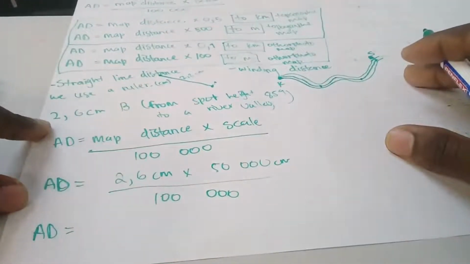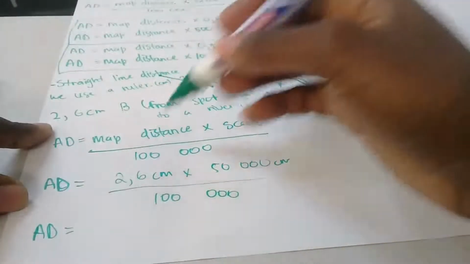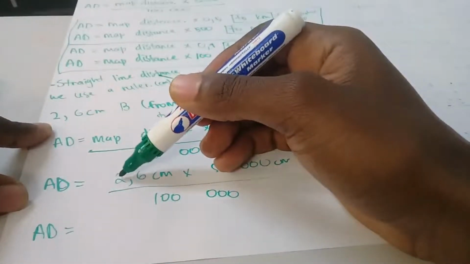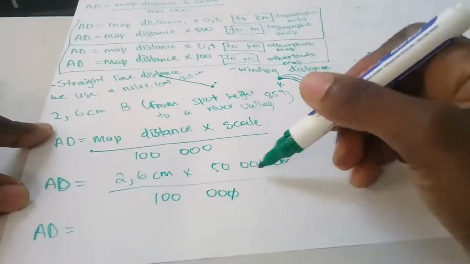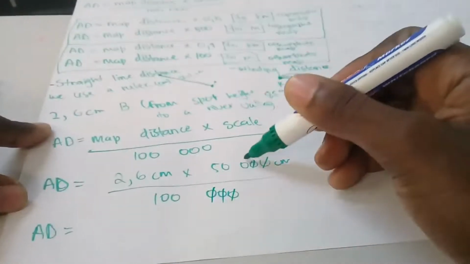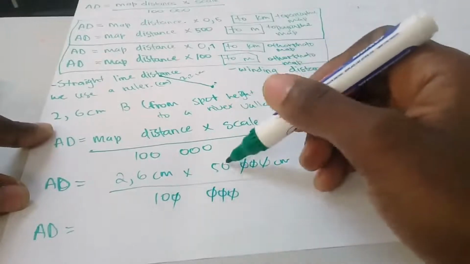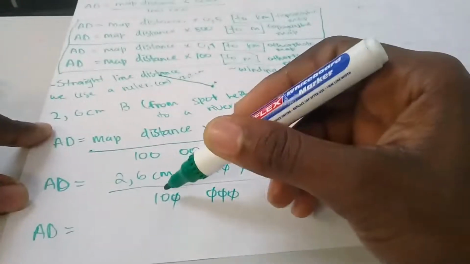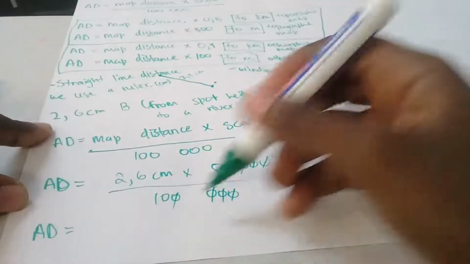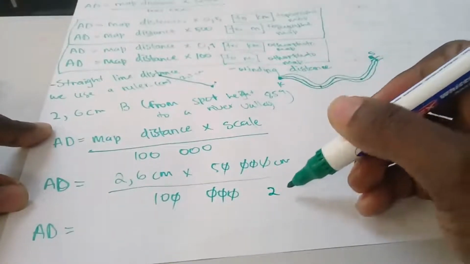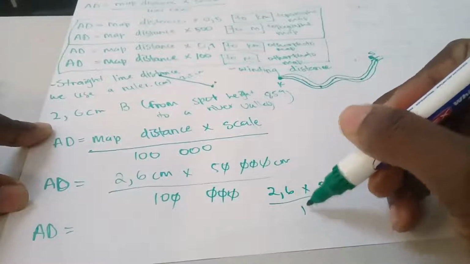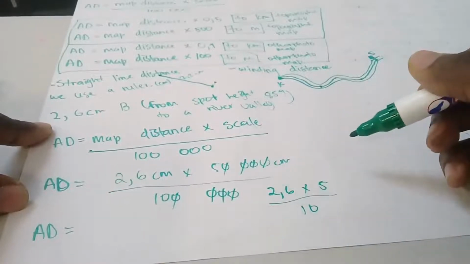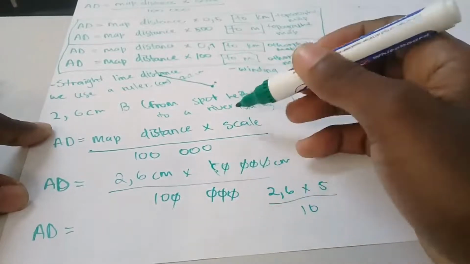But the other way, for hard workers, they can say 2.6 centimeters multiplied by, okay, this 0 cuts this 0, this 0 cuts this 0, this 0 cuts this 0, and this 0 cuts this 0, and 5 divided by 10. We're left with 2.6 multiplied by 5 over 10. How many 5s here? 1.